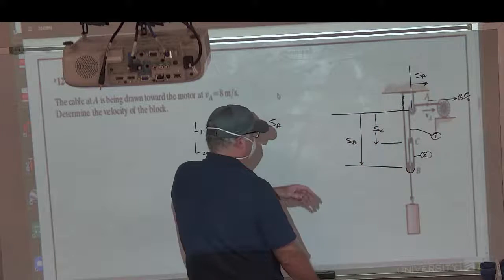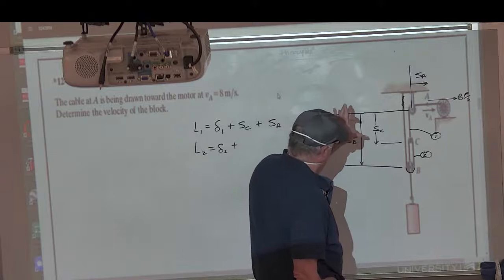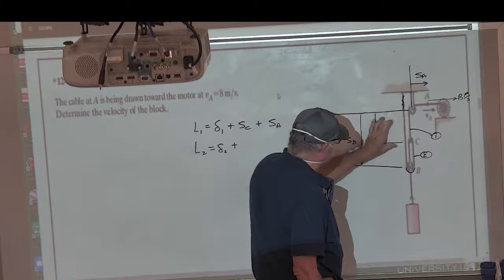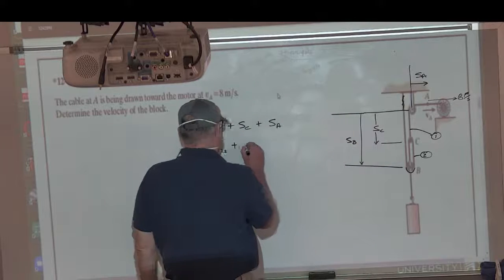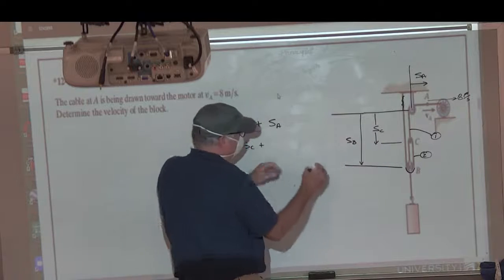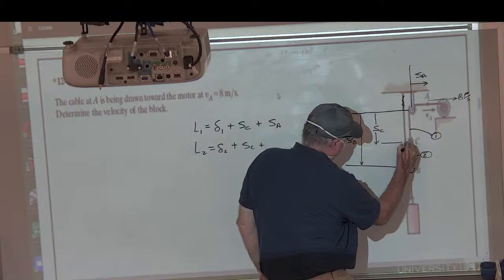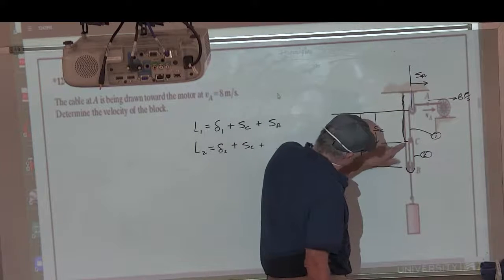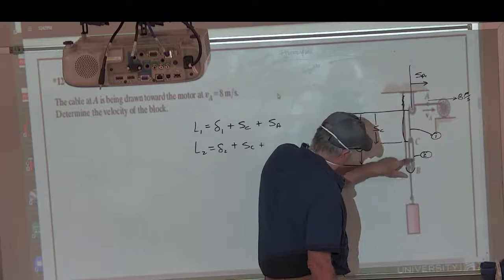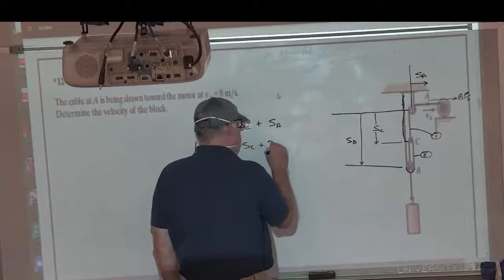Now, take a look. I get this length being SC. If I'm taking this length from here to here, then I have 1, 2, and 3 of those.